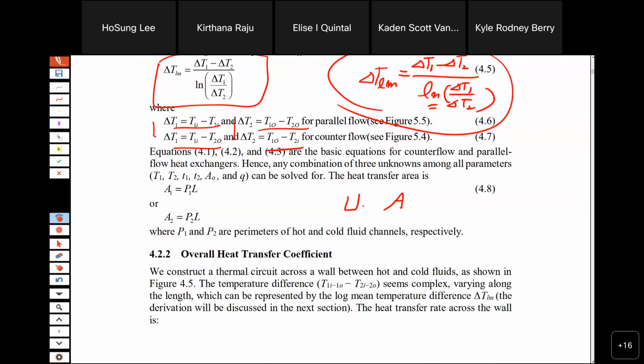So if it is the hot side, the product is UA. The cold side we call A2, the cold side heat transfer area.